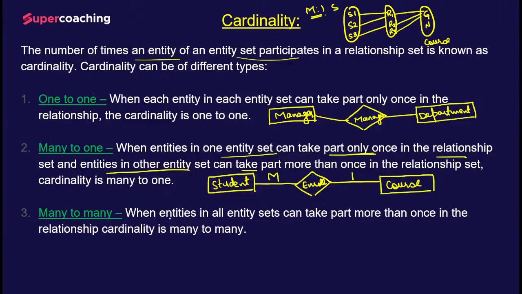And many-to-many is when entities in all entity sets can participate more than once in the relationship. That is known as many-to-many relationship, many-to-many cardinality. Any example for many-to-many cardinality?